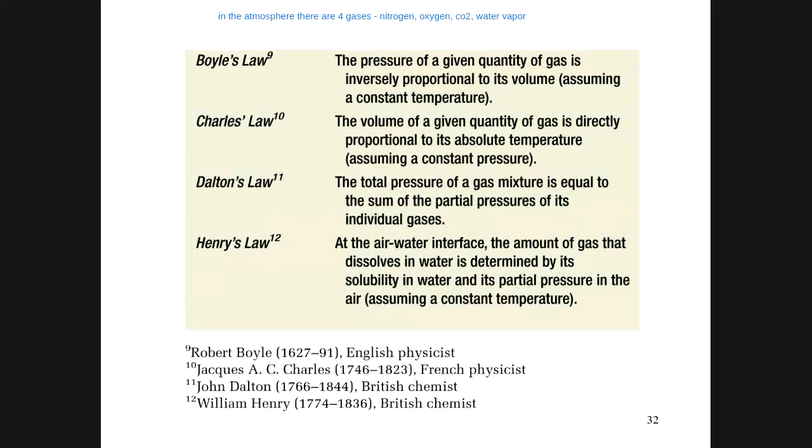One atmosphere, as I already told you, is equal to 760 millimeters of mercury. In the old days, how did you measure pressure? Mercury is a liquid metal, so you have a column and fill it with mercury.